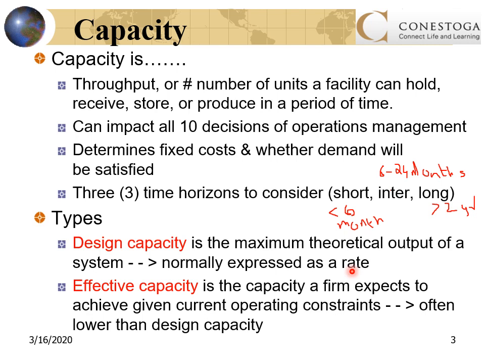Now, as you see in the first case, design capacity is a theoretical maximum, but effective capacity is the more realistic representation of the capacity of a machine or of a firm, because there will be some operating constraints which will not allow a machine to reach its theoretical maximum. This is referred to as the effective capacity. Let us understand what it means in the subsequent slides.